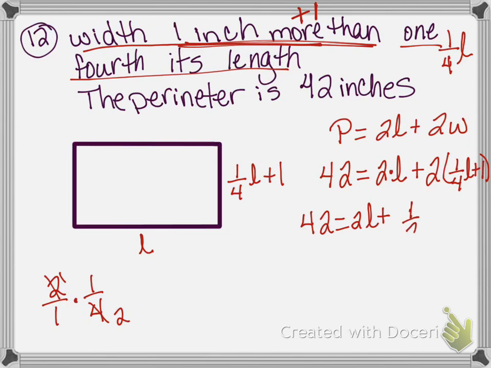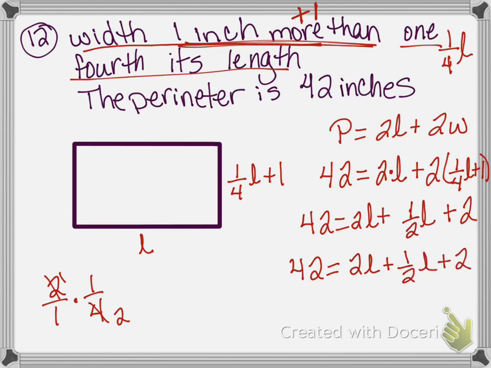Good. So that's 1/2 L. 2 times 1 is 2. Okay? So now I have 42 equals 2L plus 1/2 L plus 2.